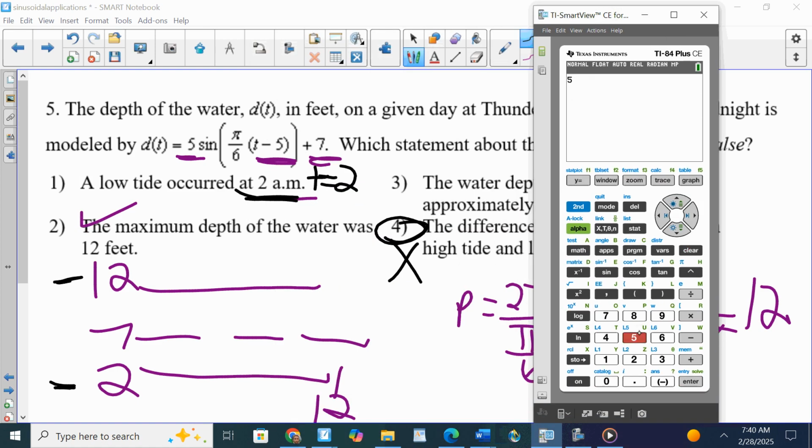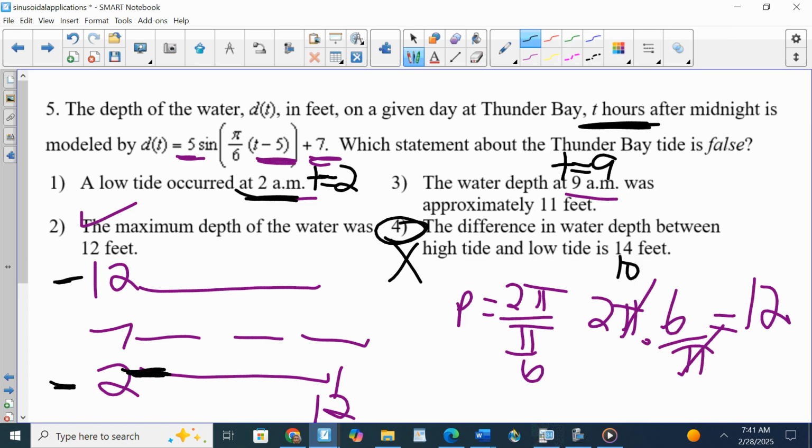So 5 sine of pi over 6 times x, in parentheses. Instead of x, I'm doing 2, minus 5, plus 7. I got 2. So yes, a depth of 2 is my low tide.